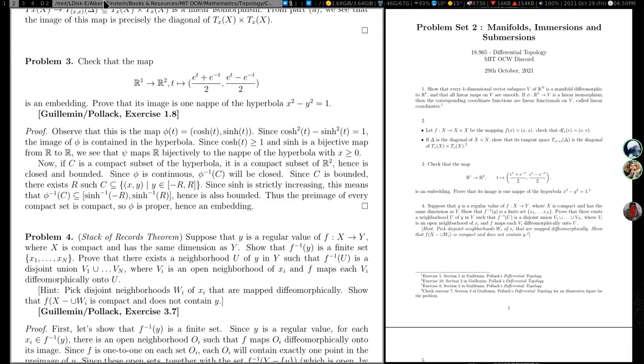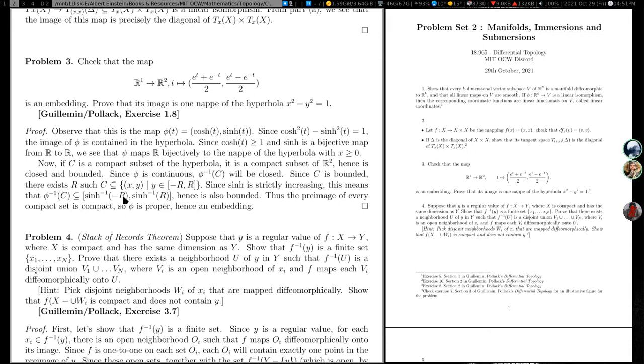Suppose that we have a compact subset C of the hyperbola. Since it's compact in Euclidean space, it has to be closed and bounded. Using continuity, I know that the preimage of a closed set is closed. Since C is bounded, it's going to lie between two horizontal lines, so the y coordinate is going to be between negative r and r for some r.